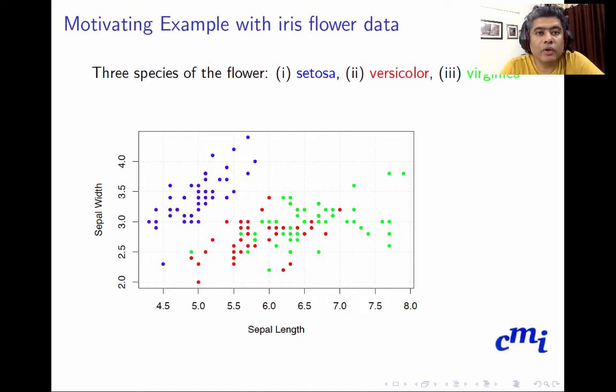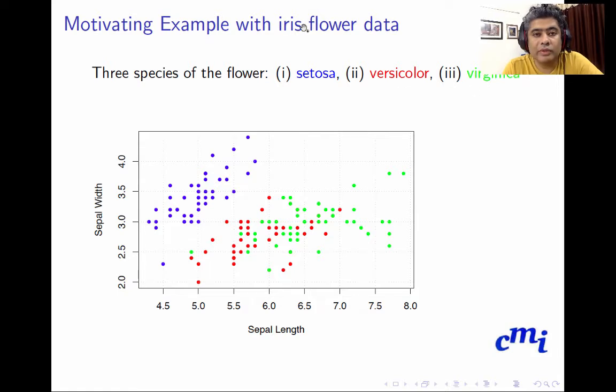Let us consider a motivating example with the iris flower dataset. It's a very old dataset but very popular to understand, and it is often used particularly in classification problems. So there are three species of the flower: setosa, versicolor, and virginica.